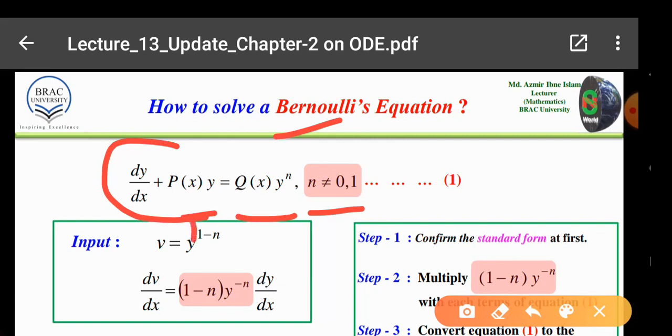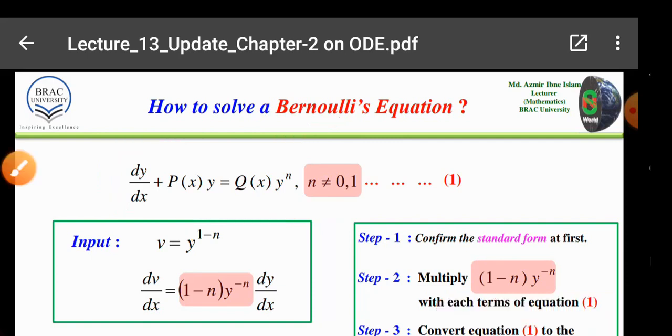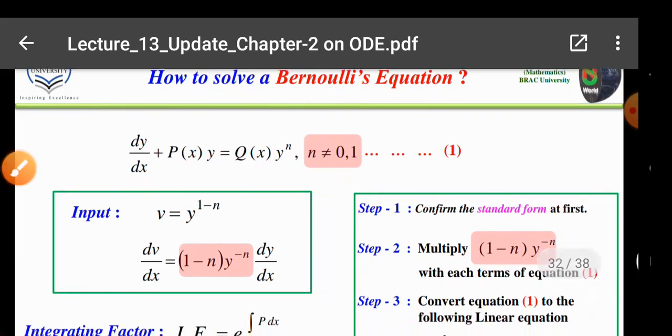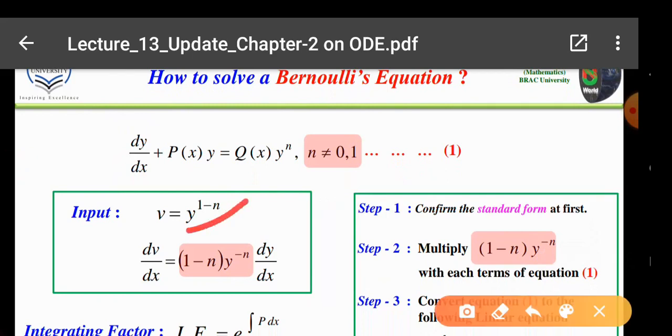At the same time, here p and q both are functions of x. So just like the homogeneous differential equation, the Bernoulli differential equation also takes an appropriate substitution, and the substitution is y to the power 1 minus n equals v. And then we have to use the chain rule of differentiation and you will get this part.